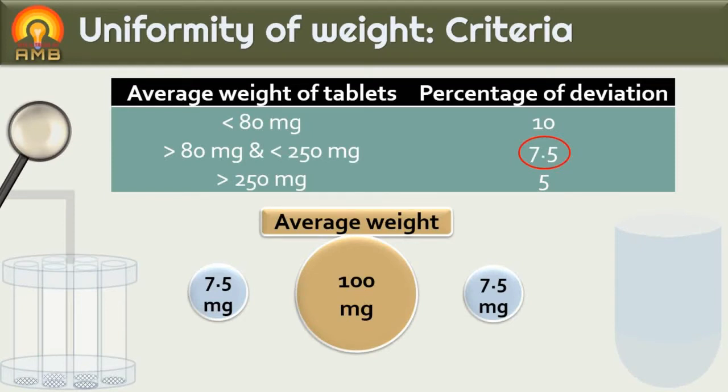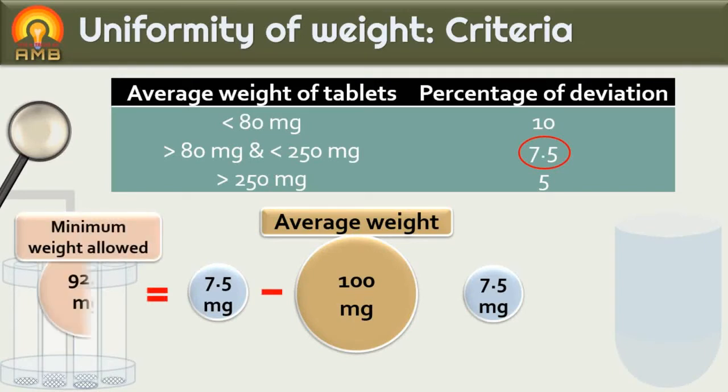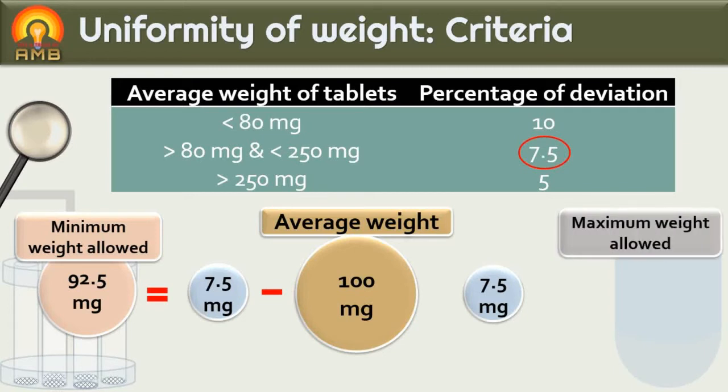So the minimum tablet weight allowed is 100 minus 7.5, that is 92.5 mg, and the maximum tablet weight allowed is 100 plus 7.5, that is 107.5 mg. Thus the weight of each tablet should be between 92.5 mg and 107.5 mg.